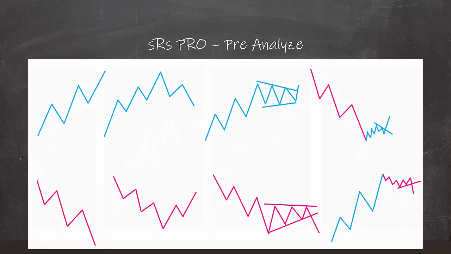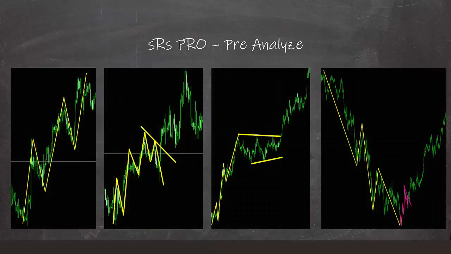So let's continue. That's the pre-analyzing, and I would like to show how all the things I just explained look. So first of all, how do we identify trend? Let's go quickly over that. Higher highs, higher lows. How do we identify correction? A, B, C, D, 2 waves retrace, right?